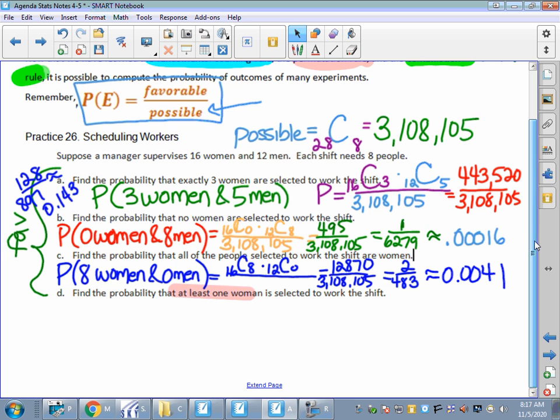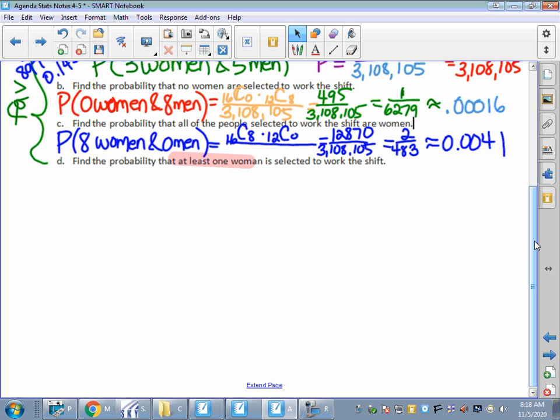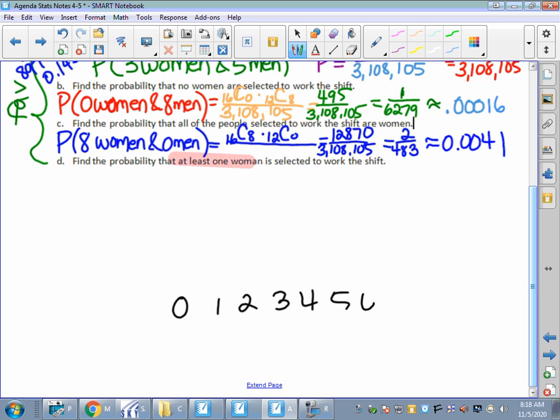So that means it could be 1 or 2 or 3 or 4 or 5 or 6 or 7 or 8. That seems like a lot, right? If you want to visualize it, we have 0 women, 1, 2, 3, 4, 5, 6, 7, 8. So here's all the possible amounts of women that could be working a shift. At least one means 1 or more.